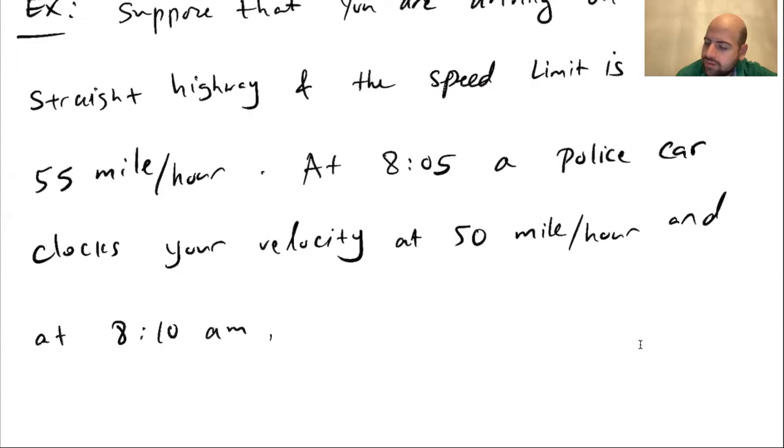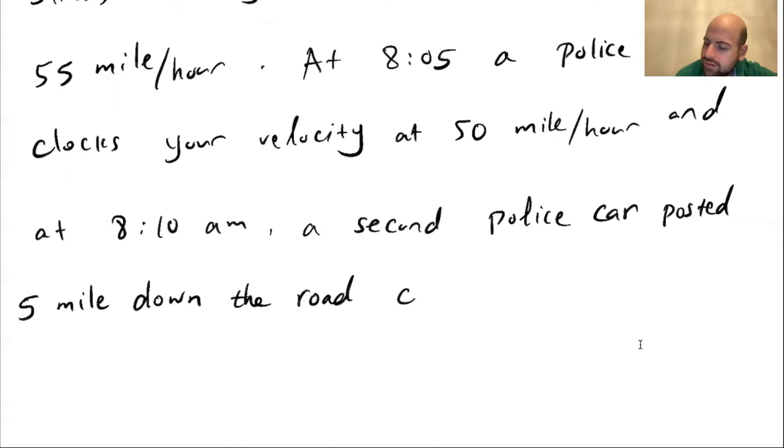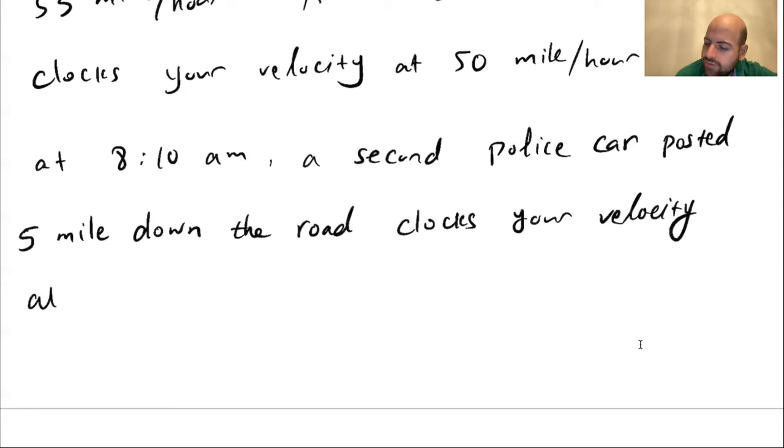a second police car, posted 5 miles down the road, clocks your velocity at 55 miles per hour.